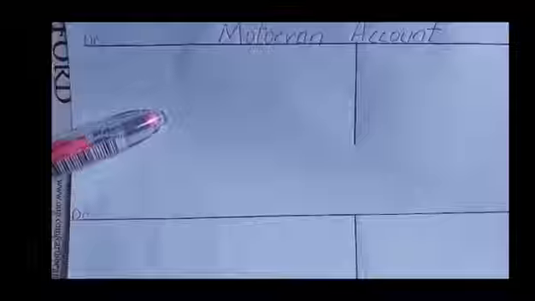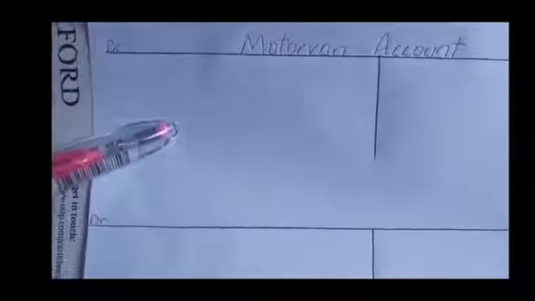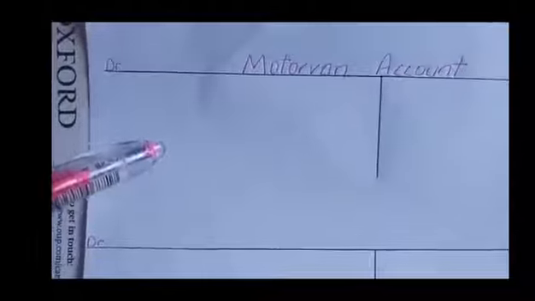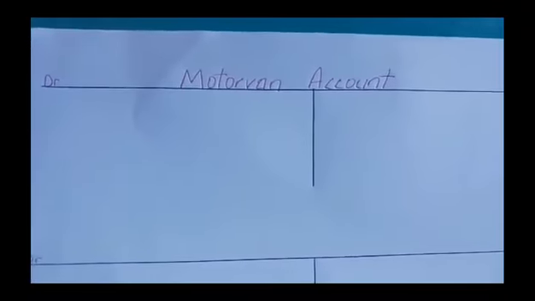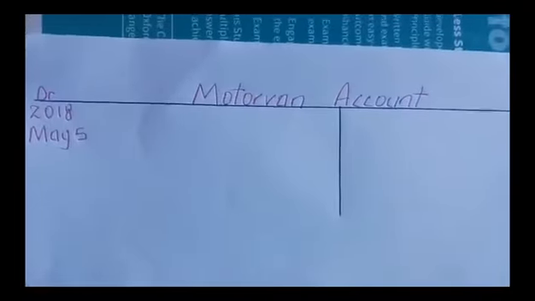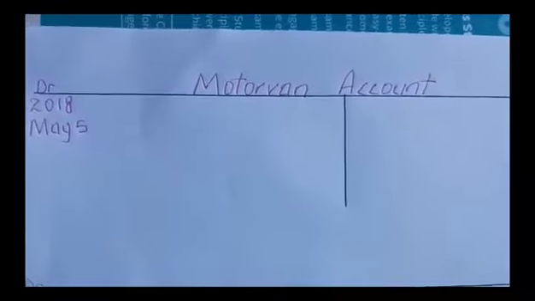That's right over here, the DR side. And I am to make that entry because motor van is increasing. So I need to make a debit entry in the motor van account. I'm going to go ahead and write the date. So that's May 5. So after recording the date, I am now to put the detail.